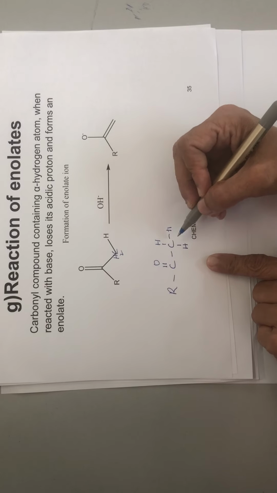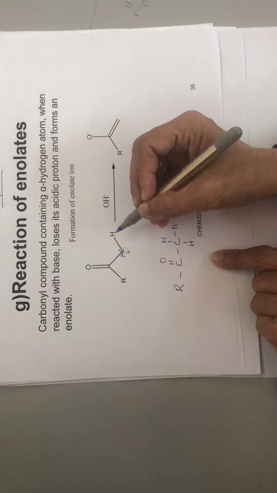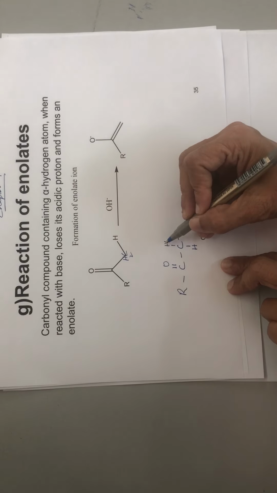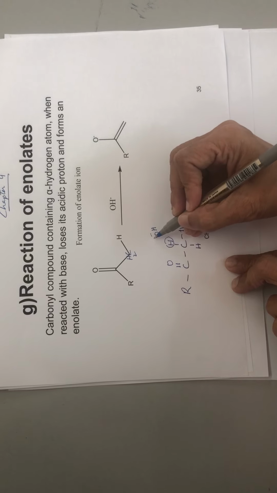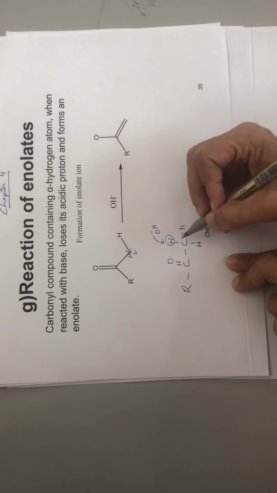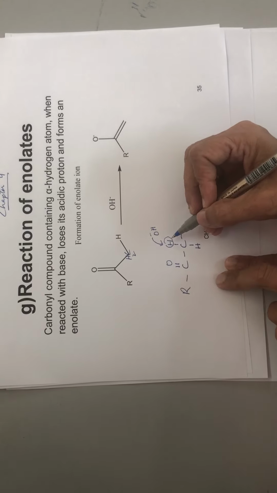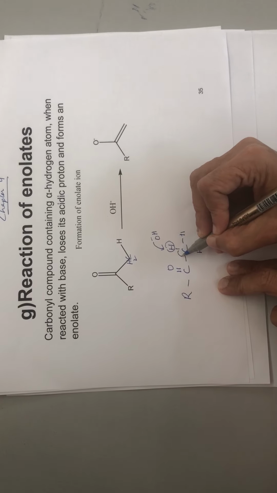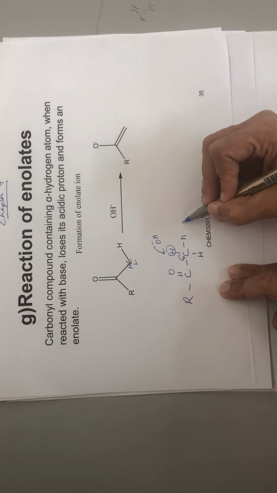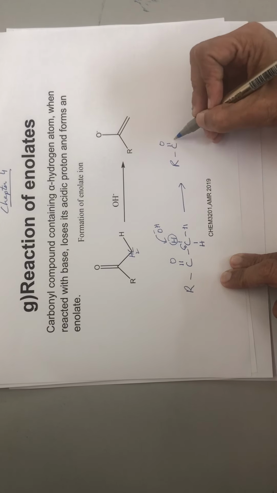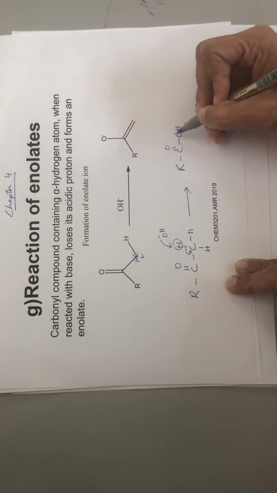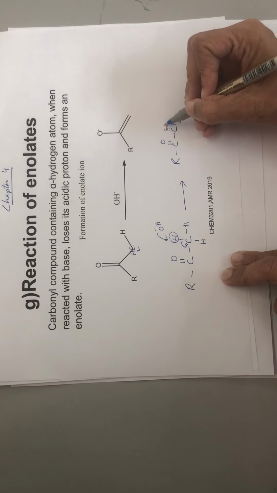So they all are acidic, but just to show you, if we remove any one hydrogen by the reaction of OH base, it will attack and abstract one acidic hydrogen, and this bond will come onto this carbon and form a carbanion. The carbanion is CH2 with a negative sign.